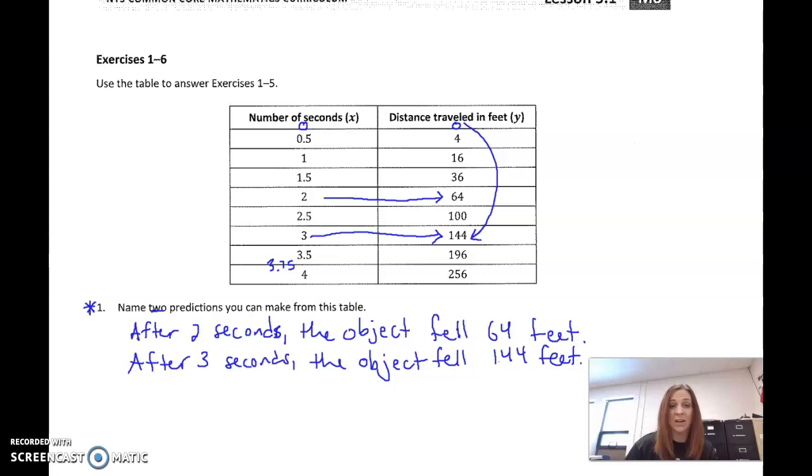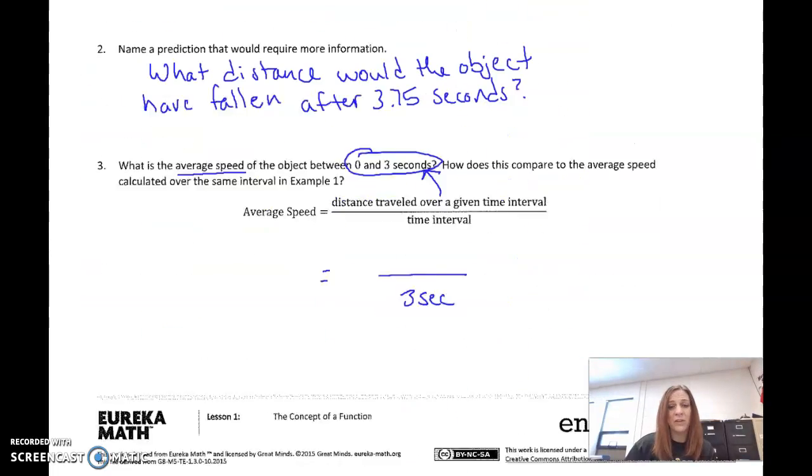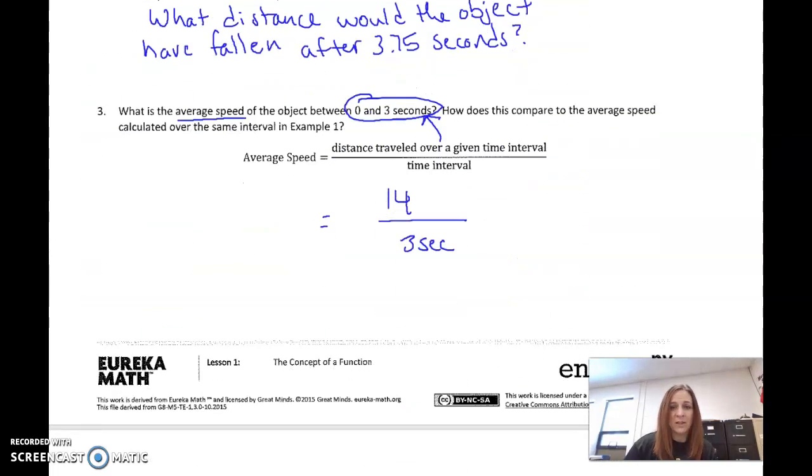Going from 0 seconds to 3 seconds, that's 144 feet, so the distance traveled is 144. We divide that by 3 and get 48 feet per second. Compared to example 1, which fell at a constant speed of 64 feet per second, this one is still hitting the same 256 feet, but it's starting off a lot slower.